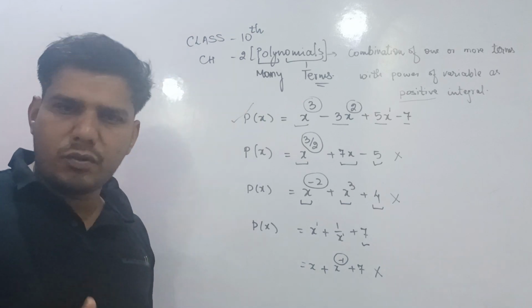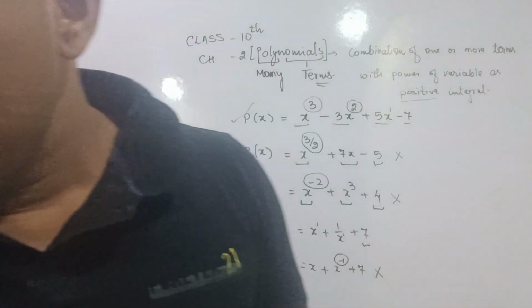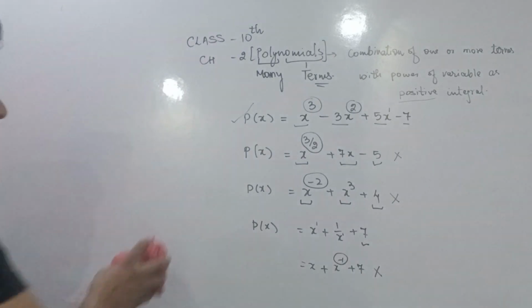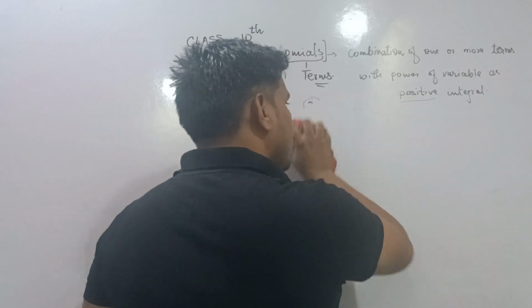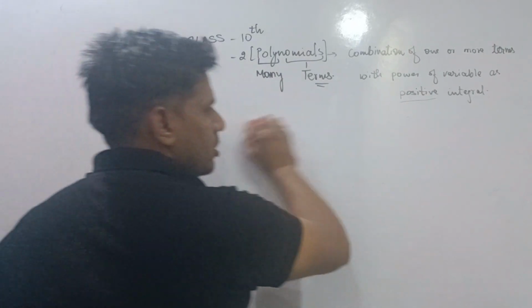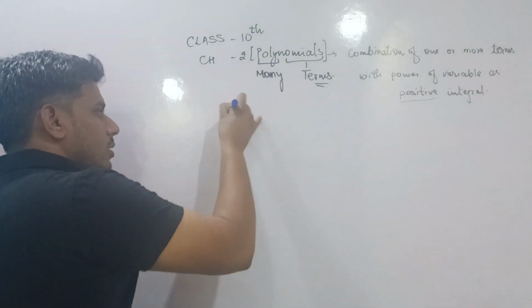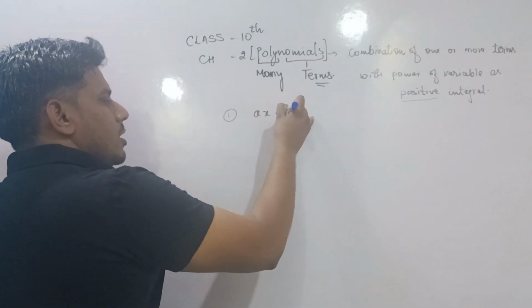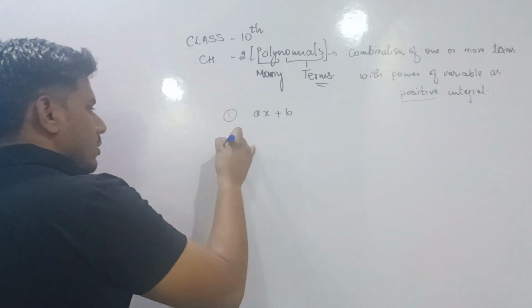Here I am writing a few more examples to make you understand about the polynomials. Whether it is a polynomial or not a polynomial, you all must first pause the video, then mark and then match. So the first example, here I am writing ax plus b, where a and b are definitely constants.